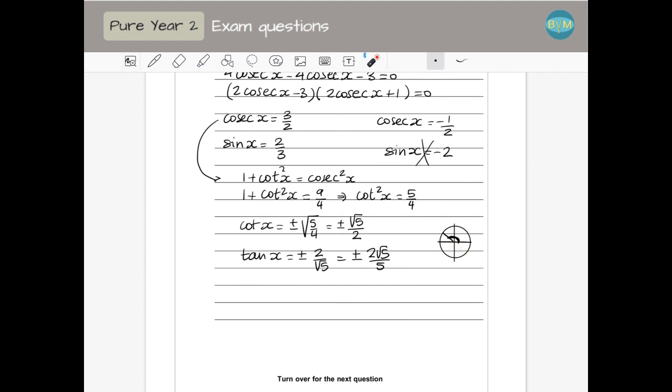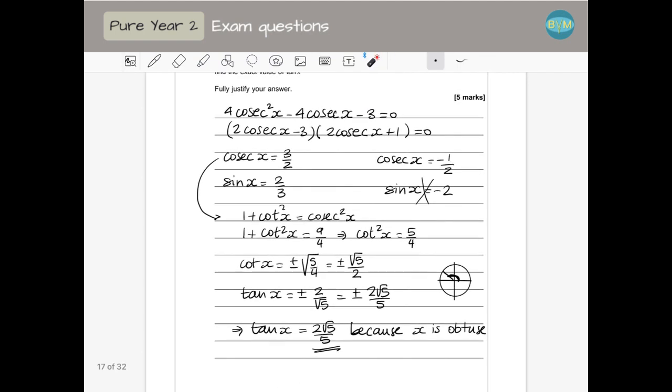So between these two, we are going to pick the negative one. Yeah, and they say the exact value, so we are not going to do anything with our roots, because x is obtuse. Yeah, and that's it. That's the value of tan.